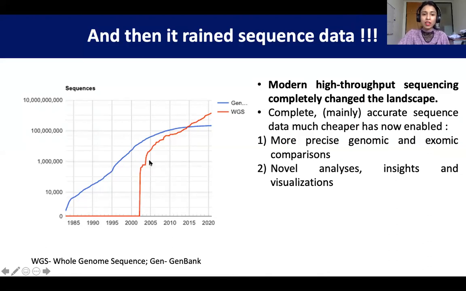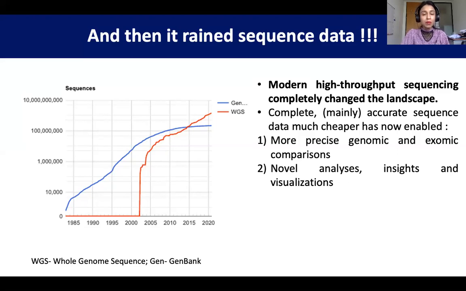So the line in red is actually referring to WGS, or whole genome sequencing data. You can see from the year 2000, it has increased exponentially. By year 2020, we already have more than 100,000 million sequences available in the database, right? So modern high throughput sequencing has completely changed the landscape, right?